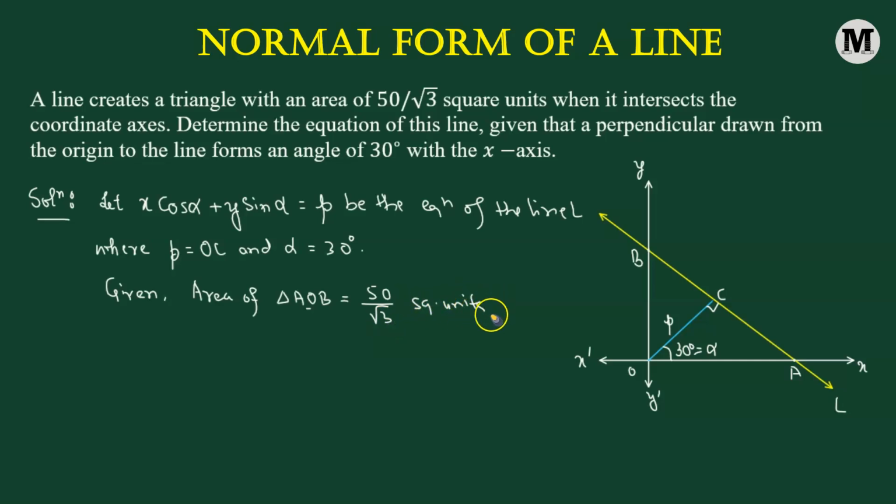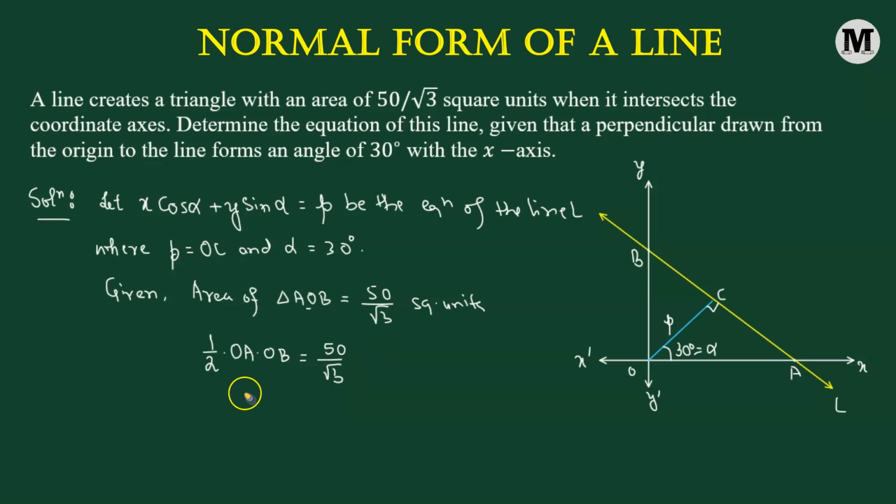Now, from the figure, the area of the triangle AOB is half times the base OA times the altitude OB. So half times OA times OB equals 50 over square root of 3.